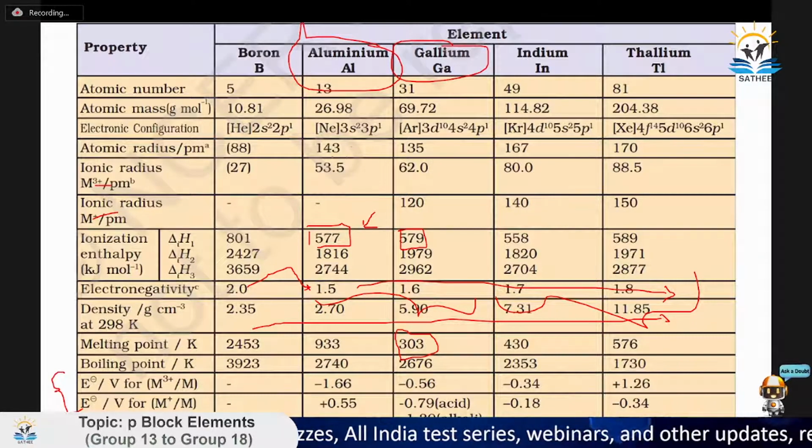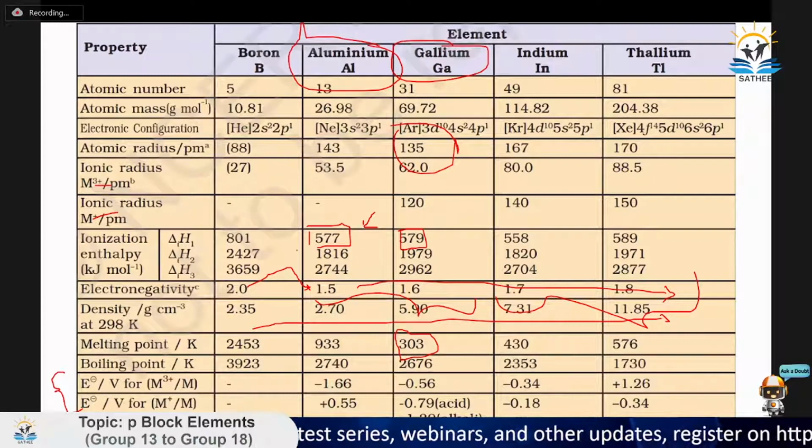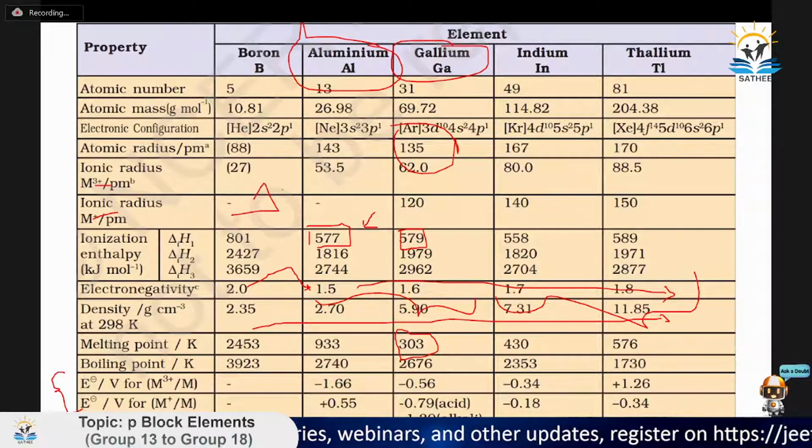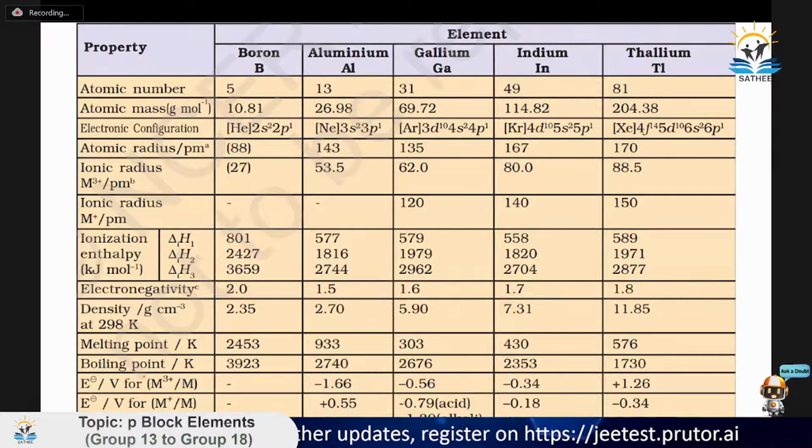And why is that? Because we talked about the shielding that is caused over here. You can write that down and note it, particularly about aluminium and gallium. This is a good approach to solve inorganic chemistry, that is, writing down everything.